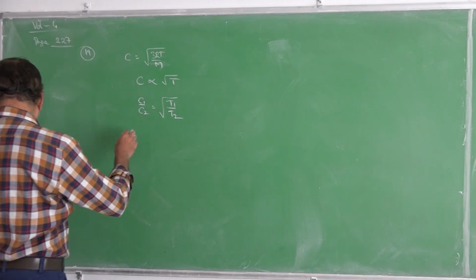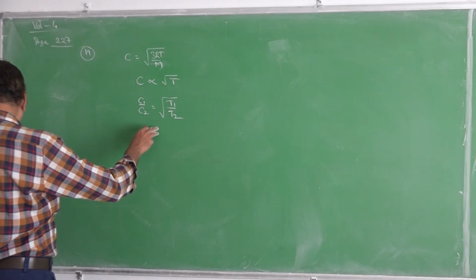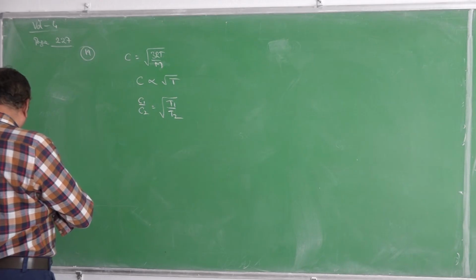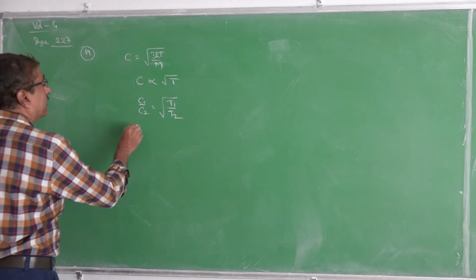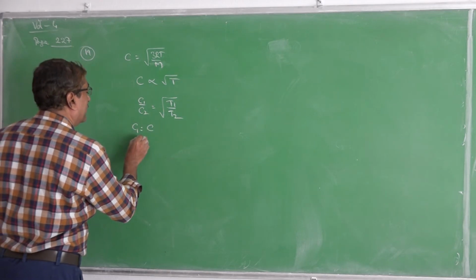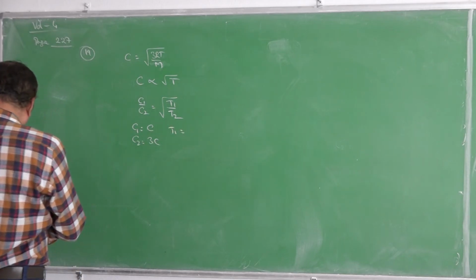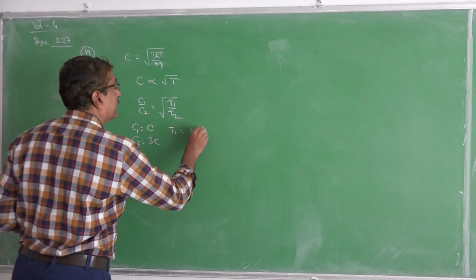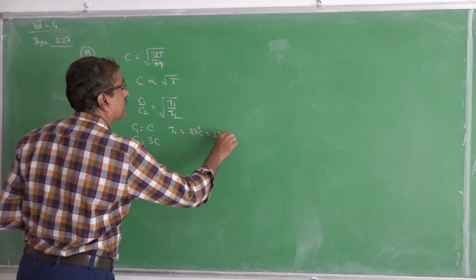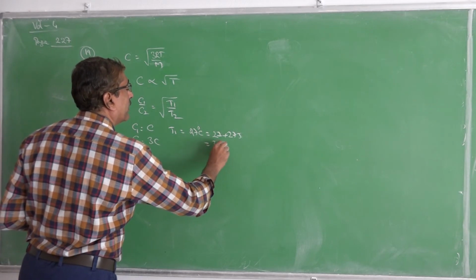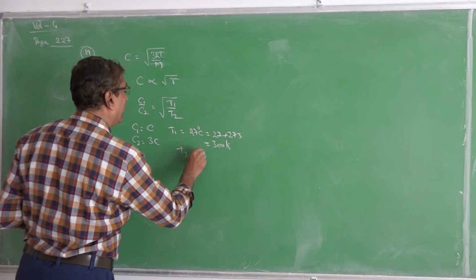Given that the velocity becomes thrice, assume C1 equal to C, then C2 equal to 3C. T1 equal to 27 degrees centigrade, that is 27 plus 273, 300 K. Calculate T2.